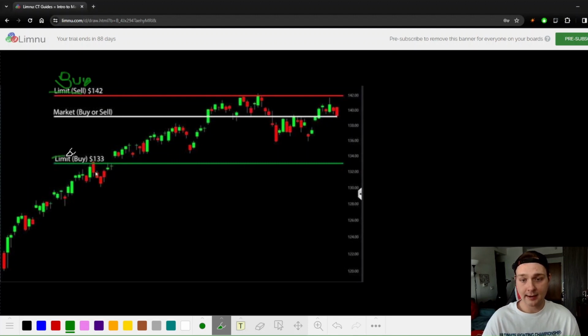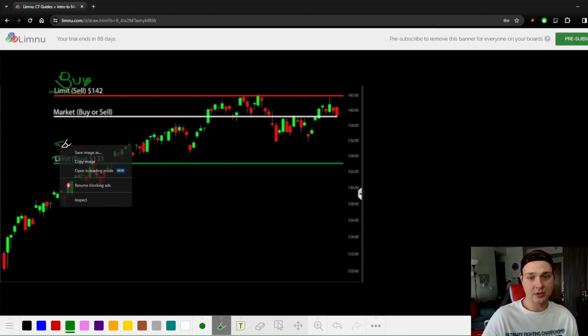Now down here, say that we bought in at market right here, in the middle of the channel, and at 133, we're saying that if that breaks down beneath there, our bullish thesis on the token is pretty much kaput, and we just want to cut our losses at that point. We don't want to lose any more. That would be a good place to set a stop loss to sell.